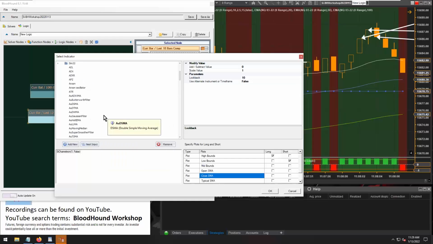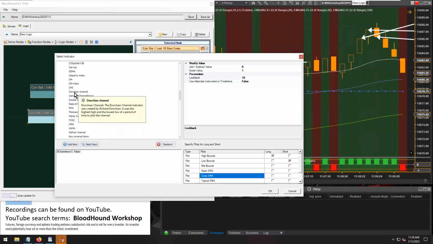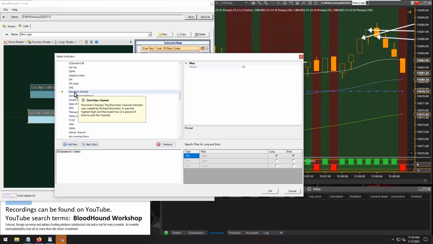If somebody knows how to do a little bit of coding, they could take the Donchian channel indicator and do a simple modification so that it only looks at the closing price, not the high and low price of the bar.